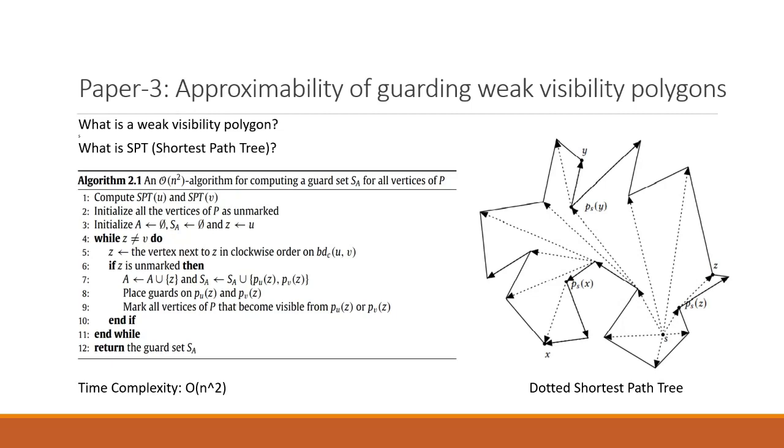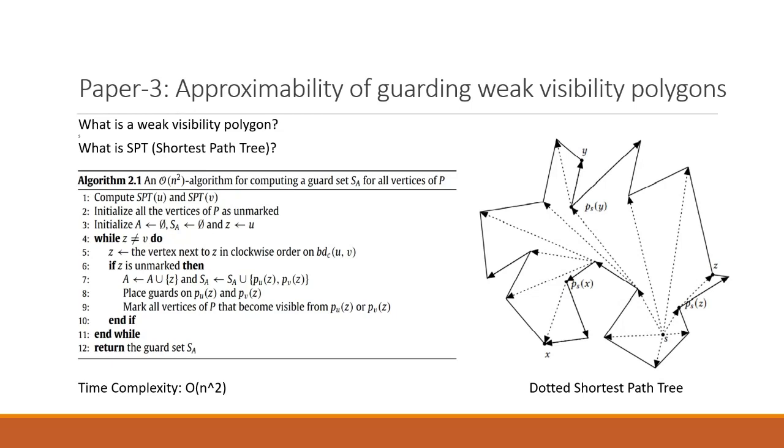Then Z is set to the vertex next to Z in clockwise order on a boundary of P from vertex P to another vertex Q, which is denoted by BDCU, V in the fifth line.